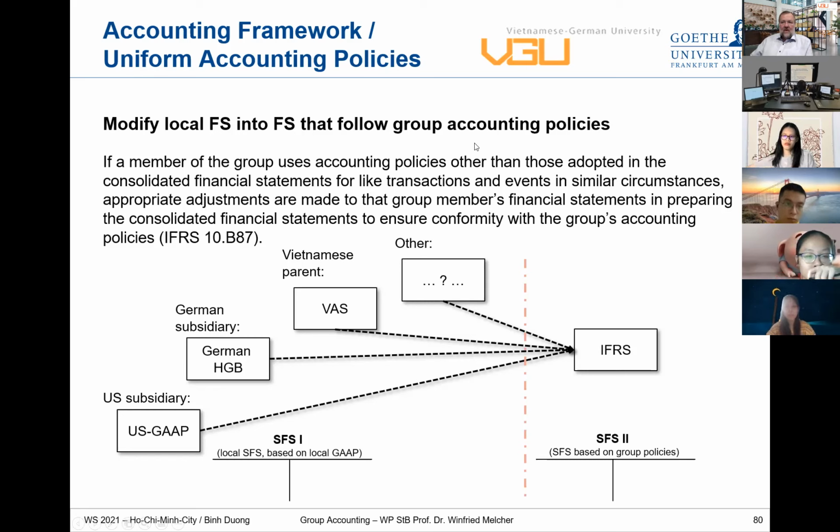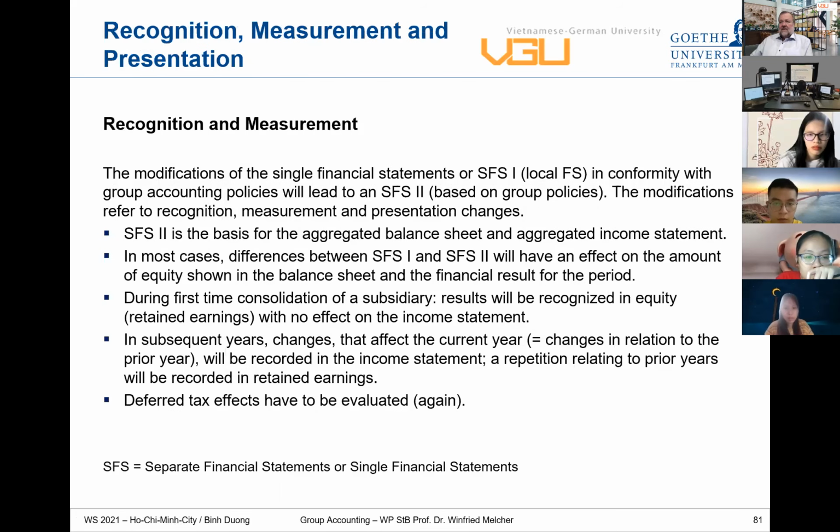So they have to follow those accounting policies, and then you are able to add comparable amounts together. Okay, so we have to use an accounting framework which is the same. And I think you understand that. So recognition and measurement should be in conformity with the group accounting policies.